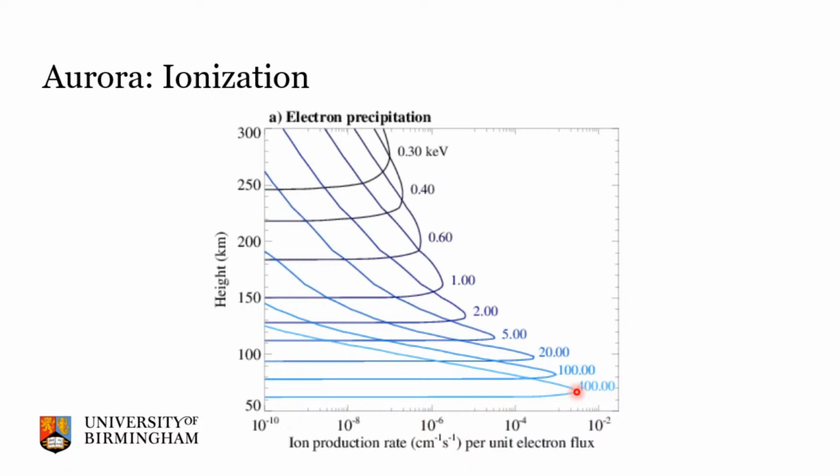in a few minutes. You'll note that even very low energy particle precipitation can cause ionization in the upper atmosphere, even to the F region of the ionosphere.